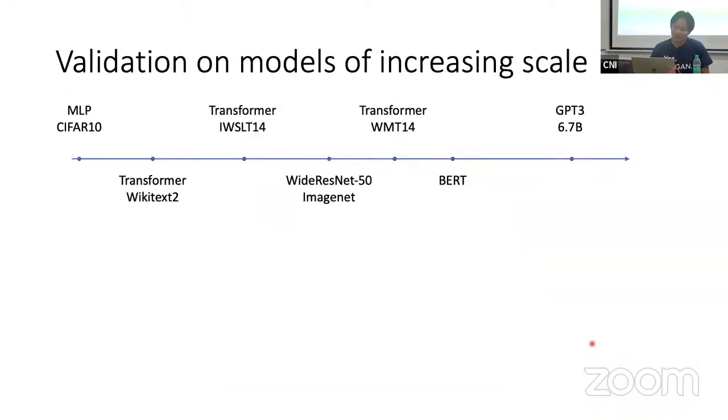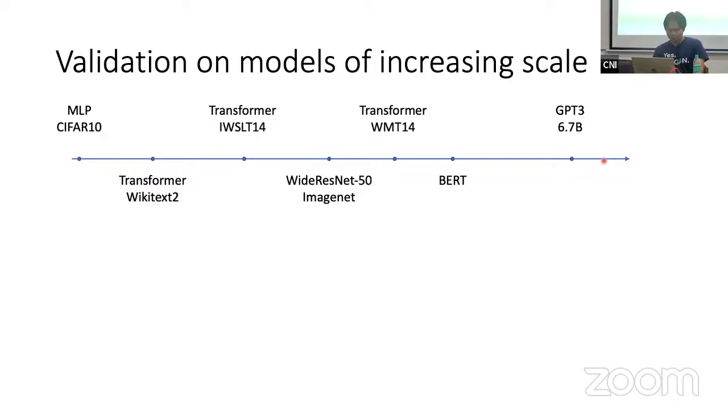So as an example, we validate in our work everything I talked about so far on models of a variety of scale, from small models all the way to GPT-3, 6.7 billion version, in collaboration with OpenAI, and both vision and language models.